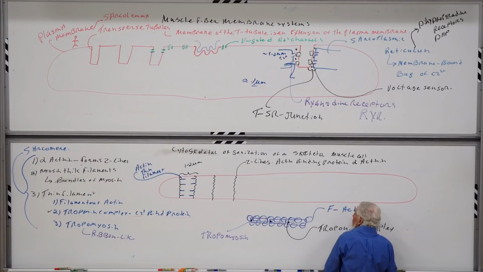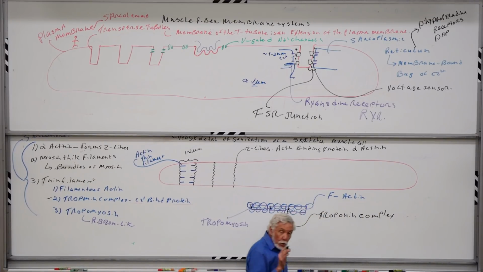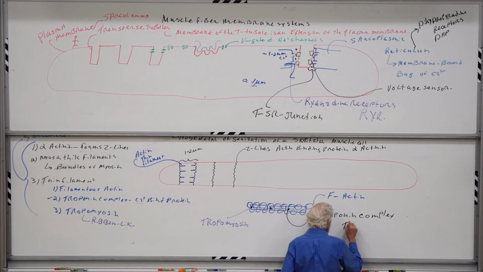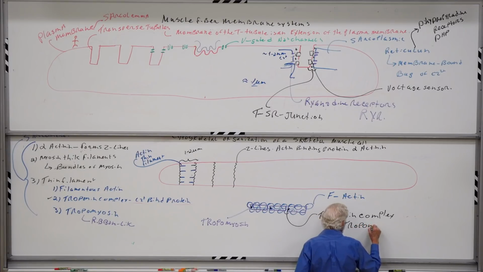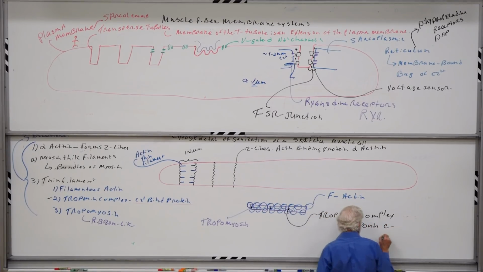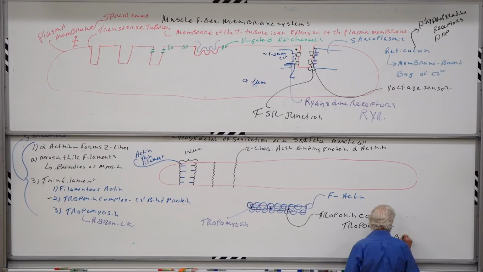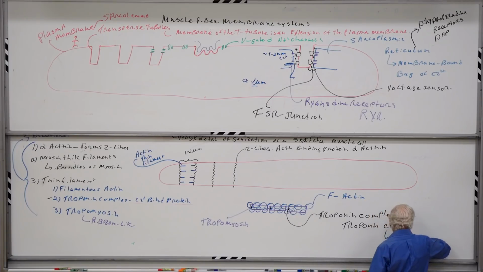Now, there are 3 molecules in the troponin complex. The one I want you to hold on to is the one called troponin C. Troponin C binds calcium.